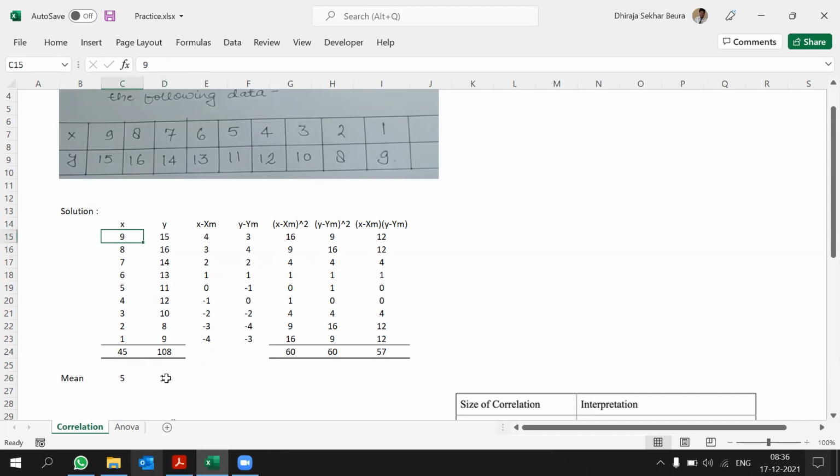We calculate 9 minus 12, 8 minus 12, 7 minus 12, right? Sorry, my bad. Deepesh, will it not be 9 minus 5? Yeah, you're right. I was about to say the same thing. So 9 minus 5, 8 minus 5, 7 minus 5, and so on and so forth. Similarly, for the y series, 15 minus 12, 16 minus 12, and so on and so forth.